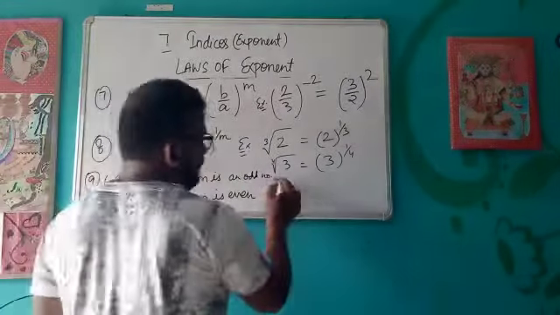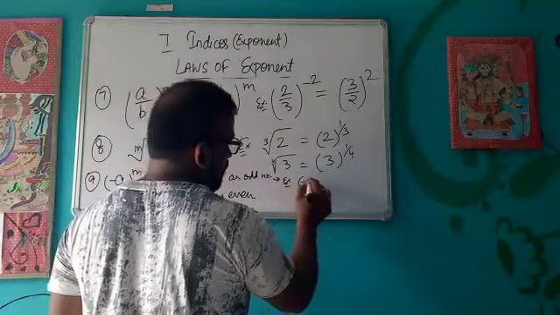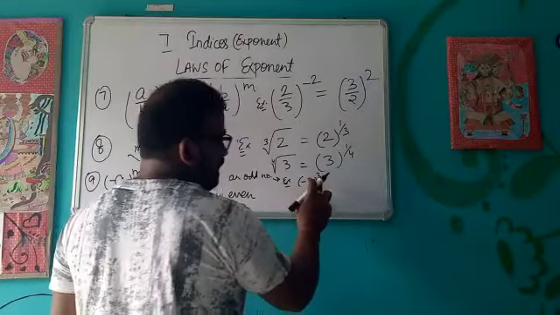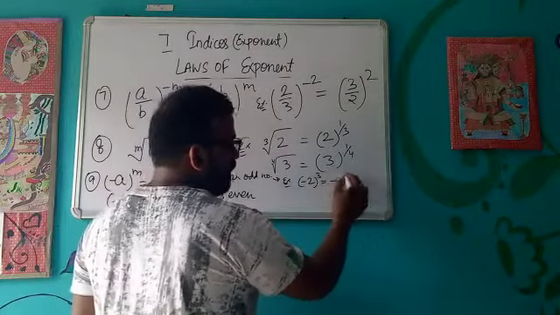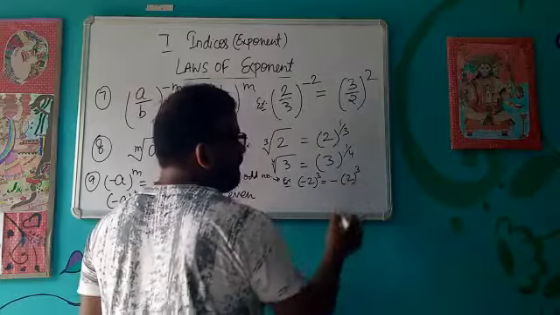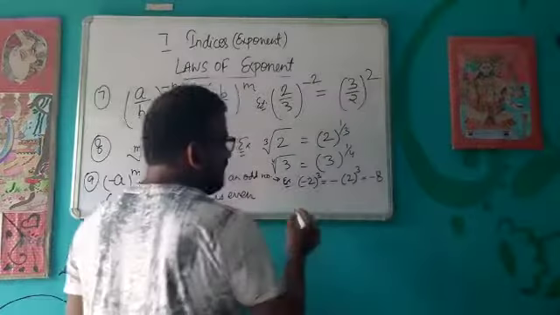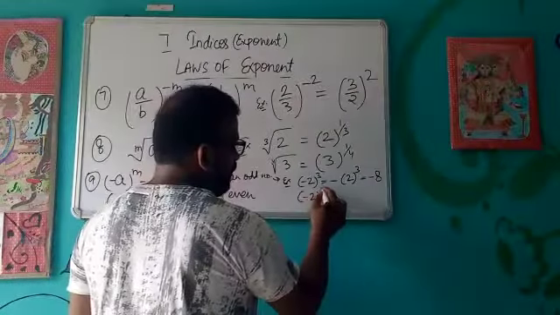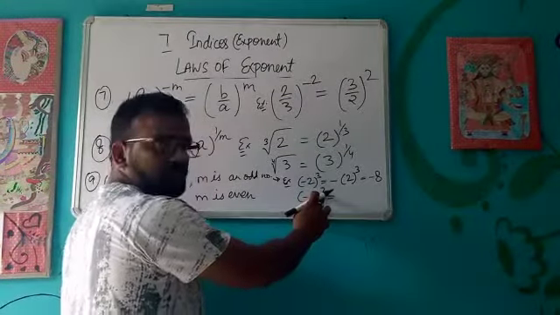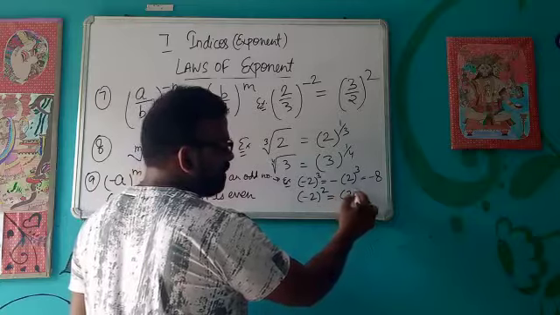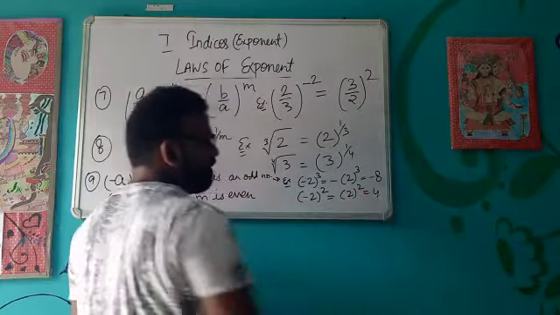For example, take minus 2 to the power 3. This is a negative number and the power is odd, so your answer will always be negative, that is minus 8. And if I take minus 2 to the power 2, negative number, even exponent, then your answer will always be positive, that is 4.